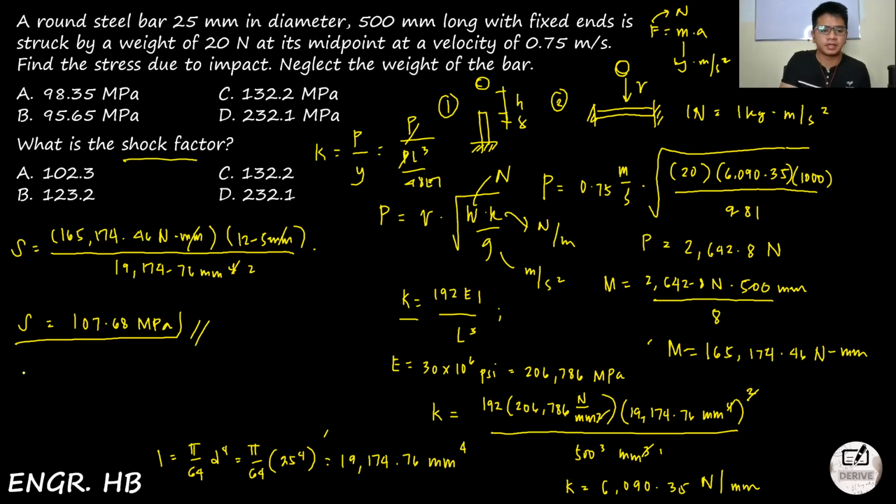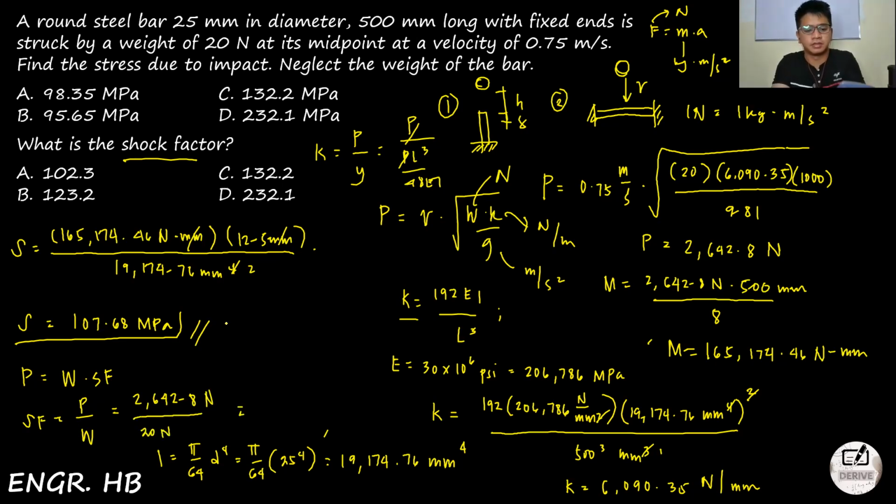No? So shock factor, we all know that equivalent loading is equal to P is equal to W times shock factor. So our shock factor is the ratio of P and W. And we all know that P is 2,642.8 newtons and W is 20 newtons.